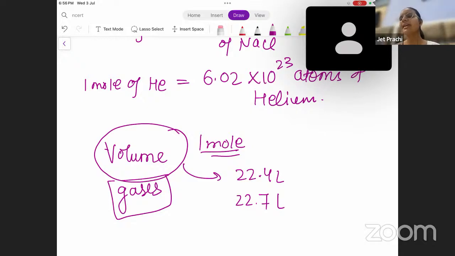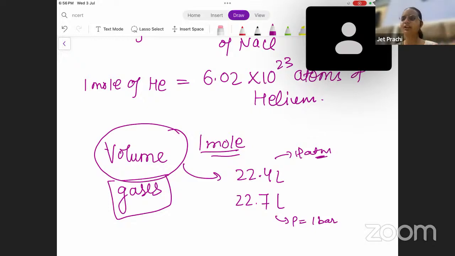So here the pressure is taken as 1 atmosphere, and then we are doing the calculations, which we will further see in states of matter. From there we find out these values, and similarly here the pressure we are taking is 1 bar.